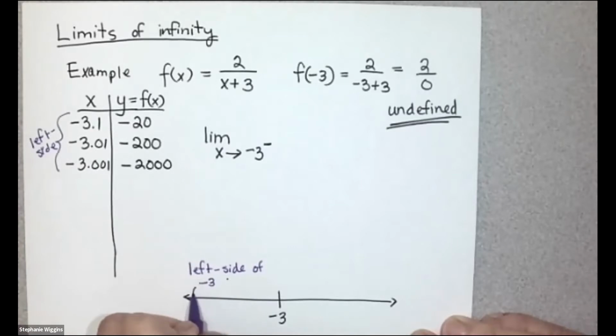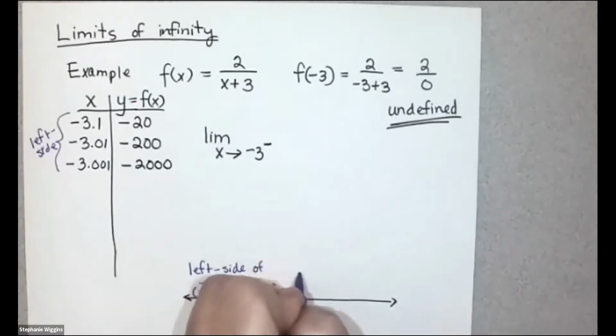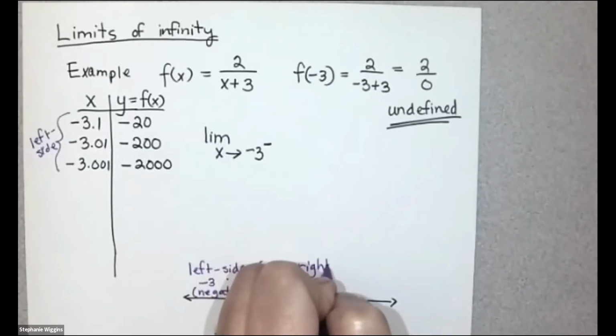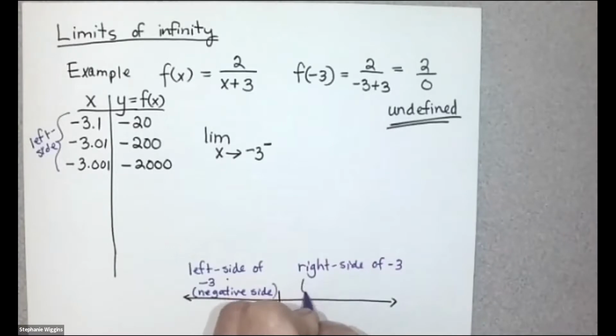And the left side is also called the negative side. We have some negative numbers over here, -2, -1, but -2 and -1 are on the positive side of -3. And so this side is the right side of -3, and we call that the positive side.